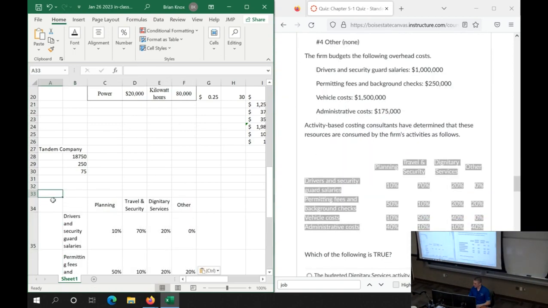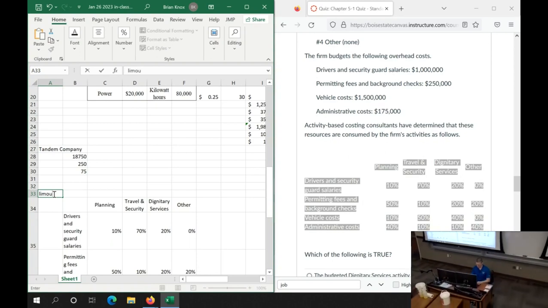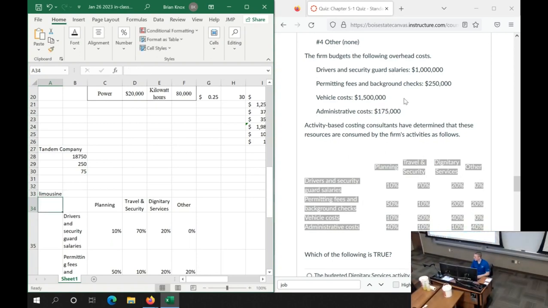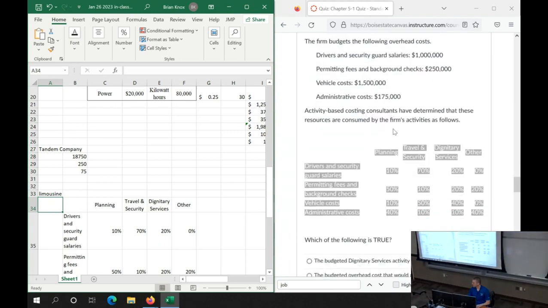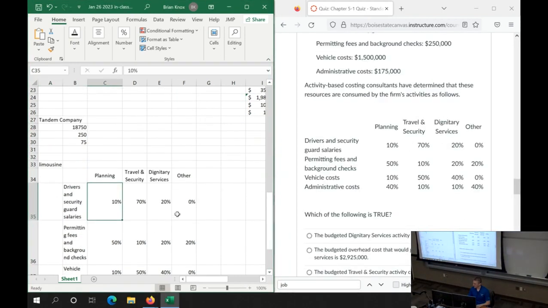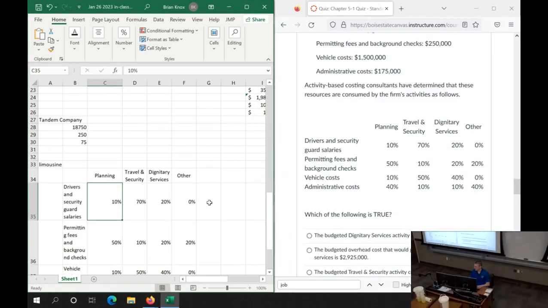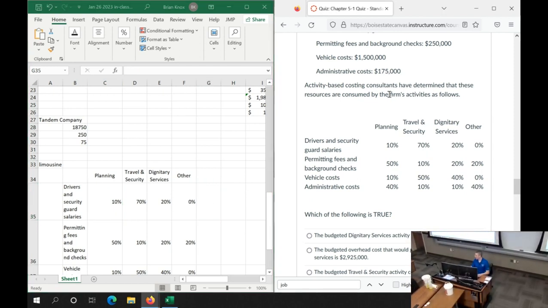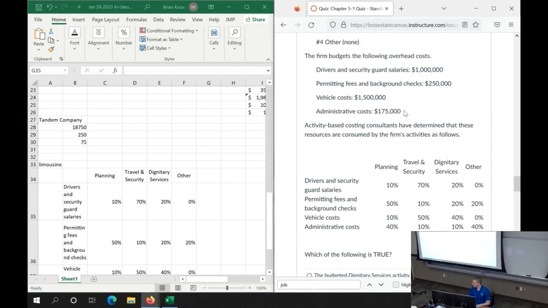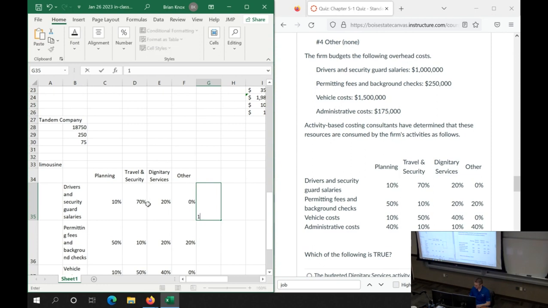This is limousine. Limousine, I think. Yeah. Okay, let's see if hopefully there aren't any leading spaces there. And we also have, I'll copy it over.